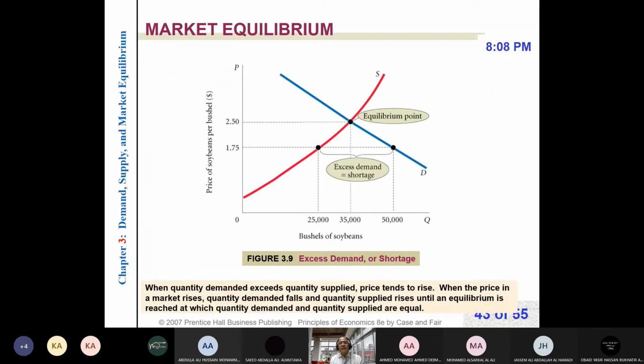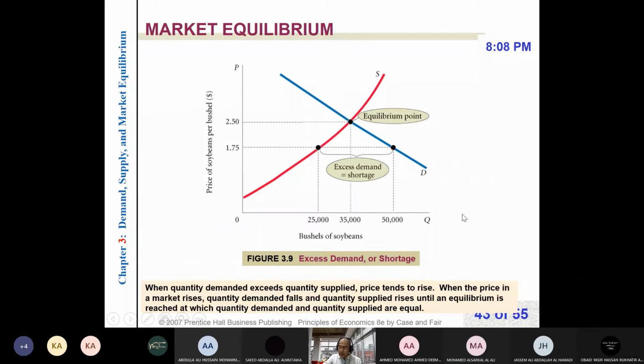So the intersection point between market demand curve and market supply curve refers to the equilibrium point. So at equilibrium, the equilibrium price is 250 and the equilibrium quantity is 35. Since this dot is located on the supply and demand curve together, that means 35 is the quantity demanded, which is equal to quantity supplied.